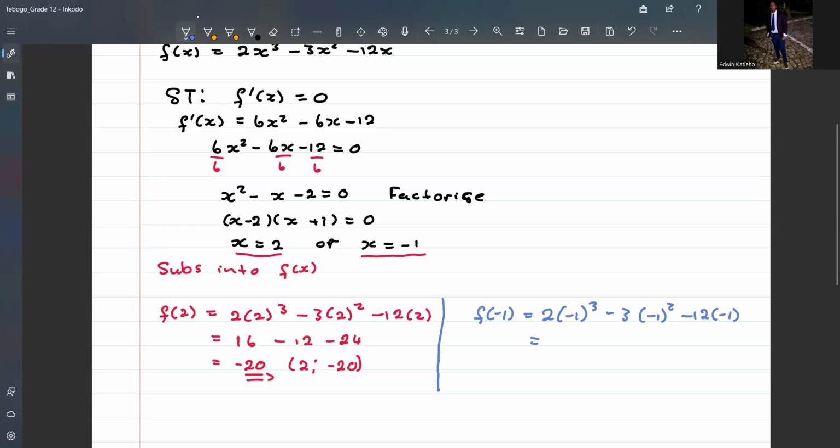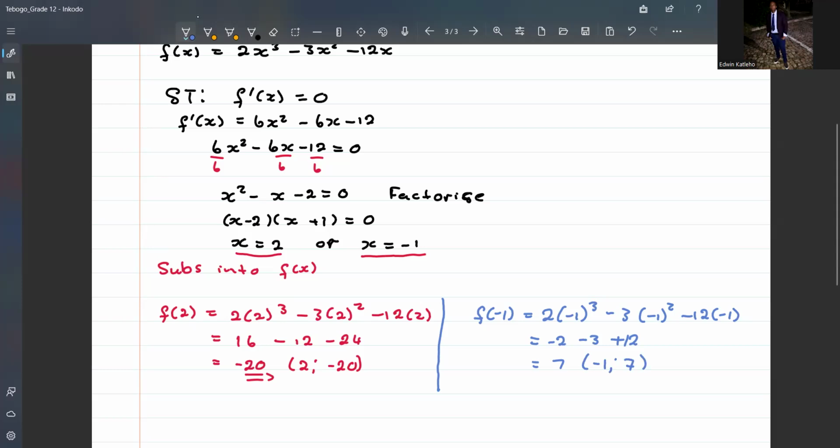Your substitution is the one that is important. So here we get -2. Here we get +1, which will give us -3. Negative times negative, we get +12. So if we take +12, subtract 5, we get +7. So the coordinates here are going to be -1 and +7.